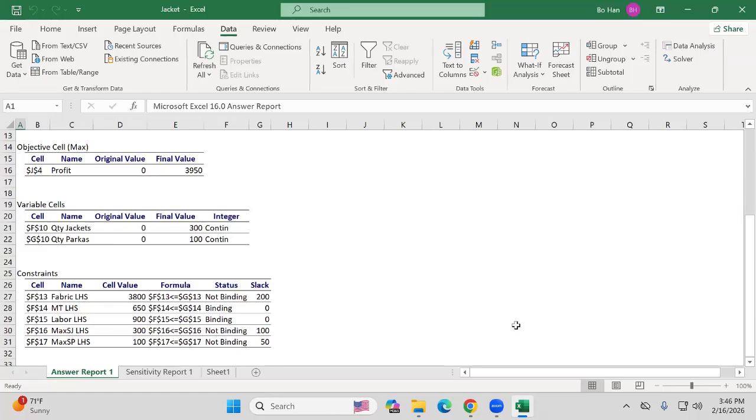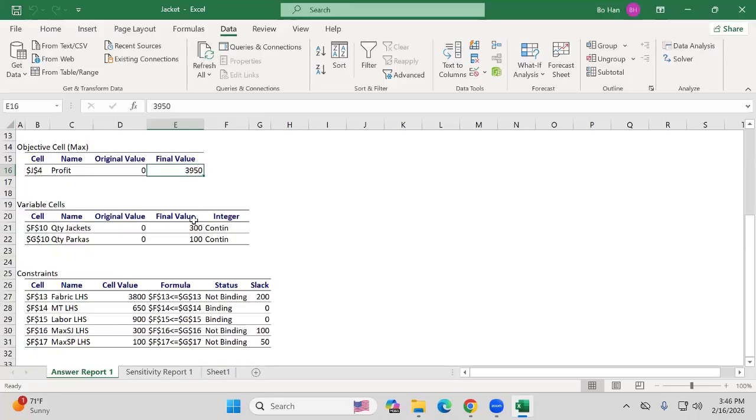It shows you what is the value for objective cell, what are the values for decision cells, right? As you can see here. What is the value for objective cell? It's under objective cell area. As you can see here, $3,950, right?